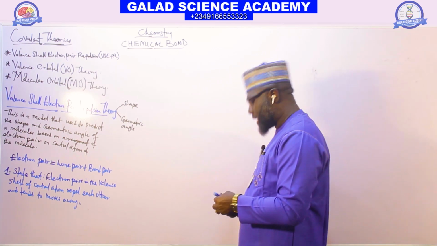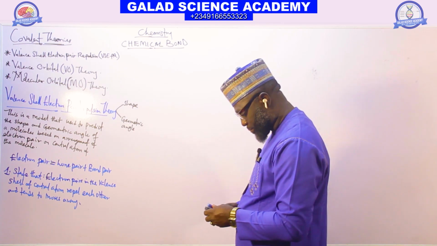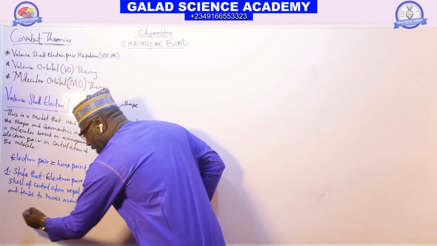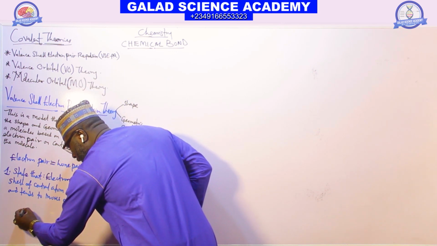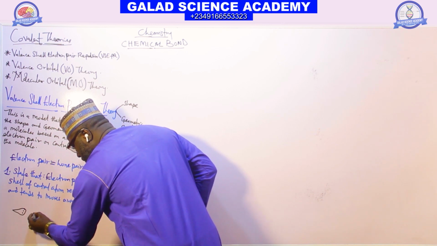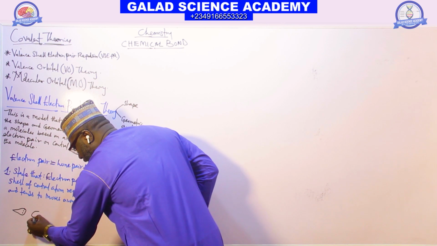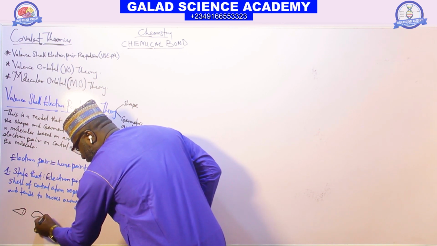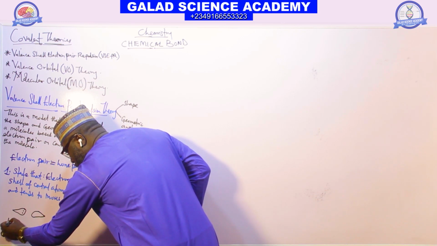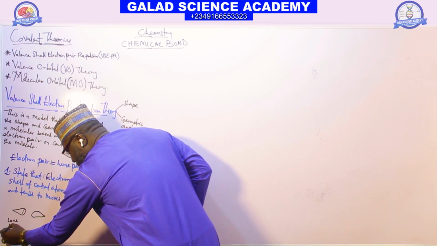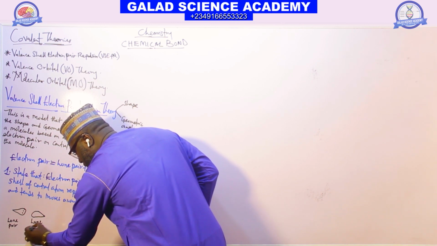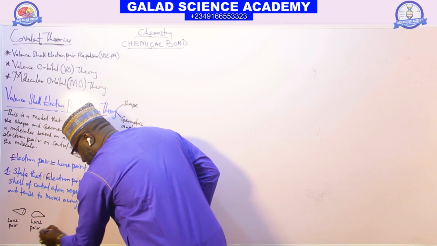Let me use this as a case study. Look at the example here. If you have electrons in this form, and we have another electron here in this form, let me say this one we call a lone pair, and this one is also a lone pair.